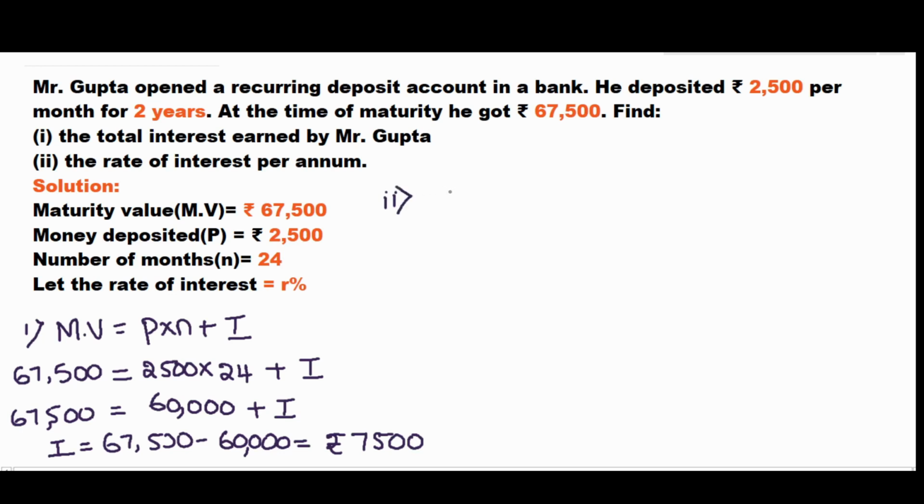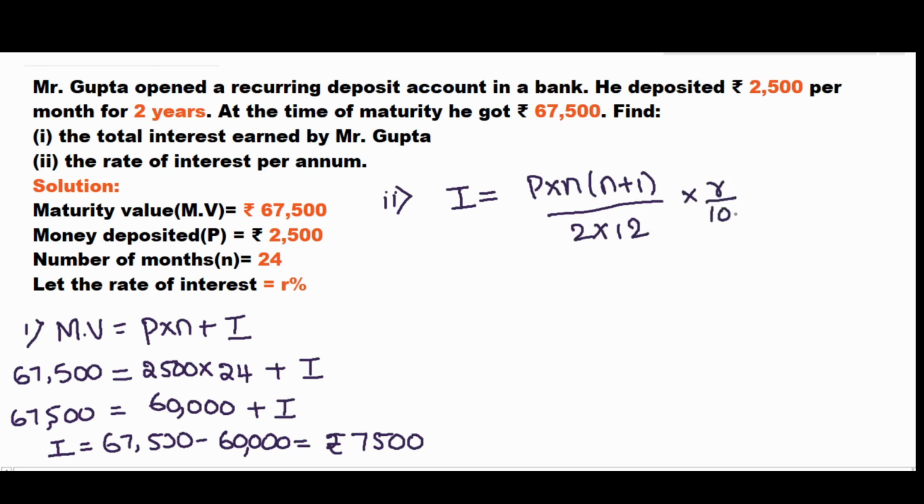Second part, I need to calculate the rate of interest. To calculate it, I choose the formula I is equal to P into n into n plus 1 divided by 2 into 12 into R by 100.